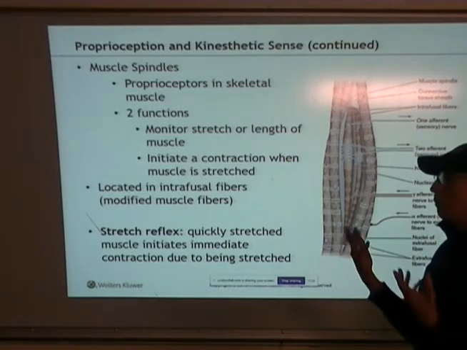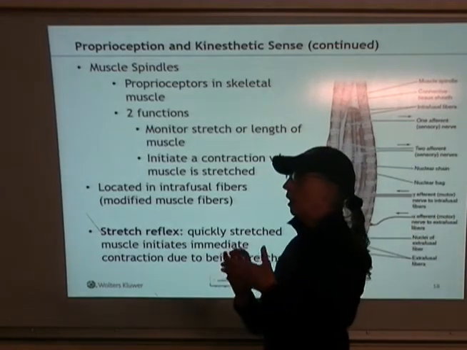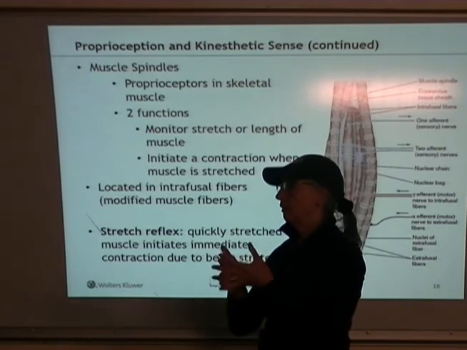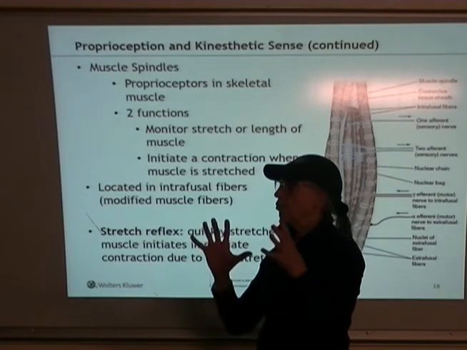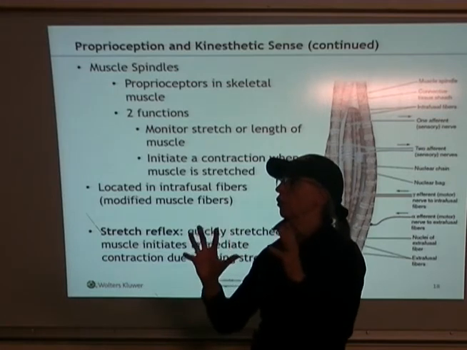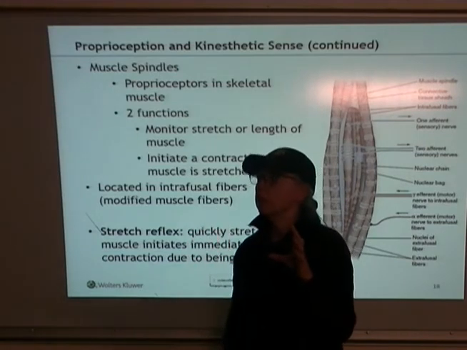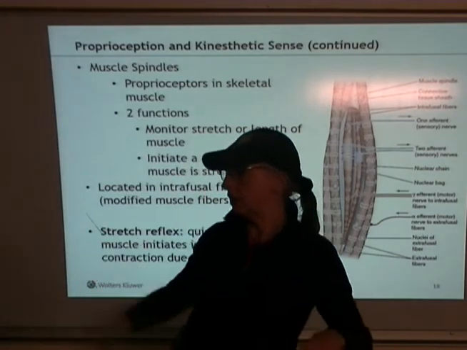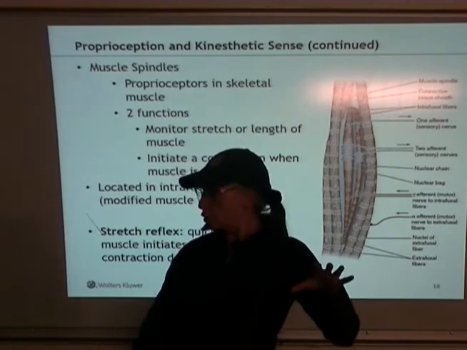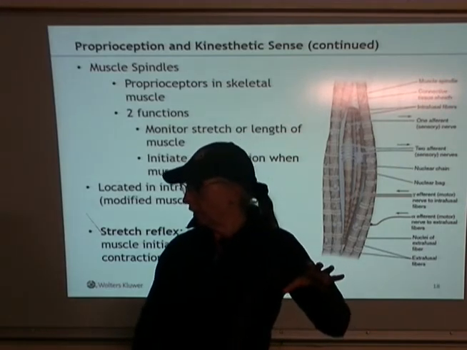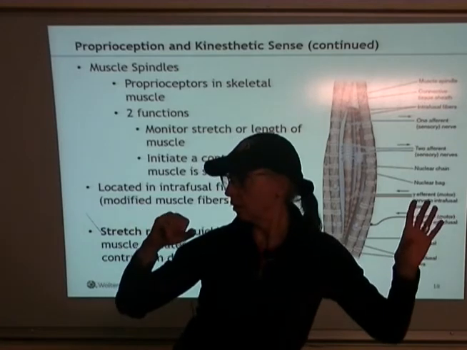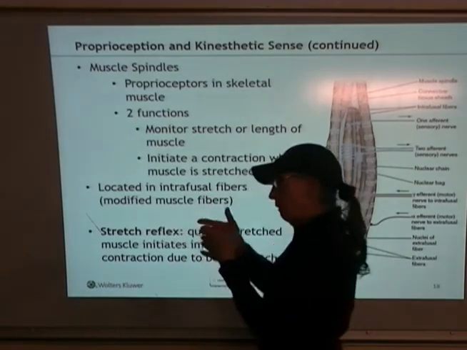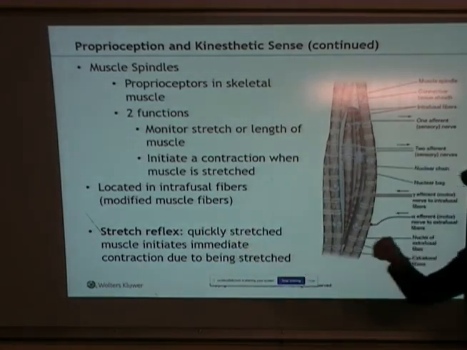So, for example, when we watch soccer players, let's say we're looking at a penalty kick, right? If you watch the slow motion of the penalty kick, you'll see that the kicking leg is over extended, right? So there's a big stretch on the hip flexors and the quads at the back of the swing. And that stretch then adds extra power into the kick via the stretch reflex.